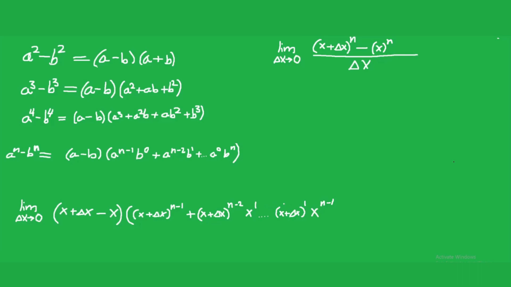This is 1, by the way. And then our next term, I'll explain this all in a second. I know it may be a little bit confusing here. And then our next term is going to be plus delta x to the 0, and then x to the n. Okay, so close parentheses.